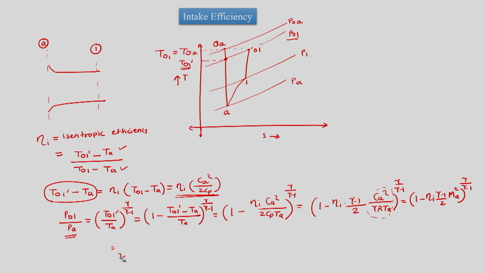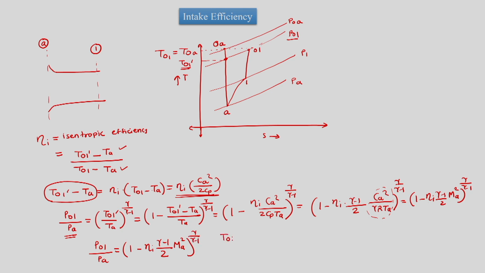So this is how we can find out the total pressure at the exit of the intake. We know static pressure at the inlet of the intake, we know Ma, and knowing the isentropic efficiency we can find out P naught 1, which is the exit total pressure at the intake, and this is the formula.